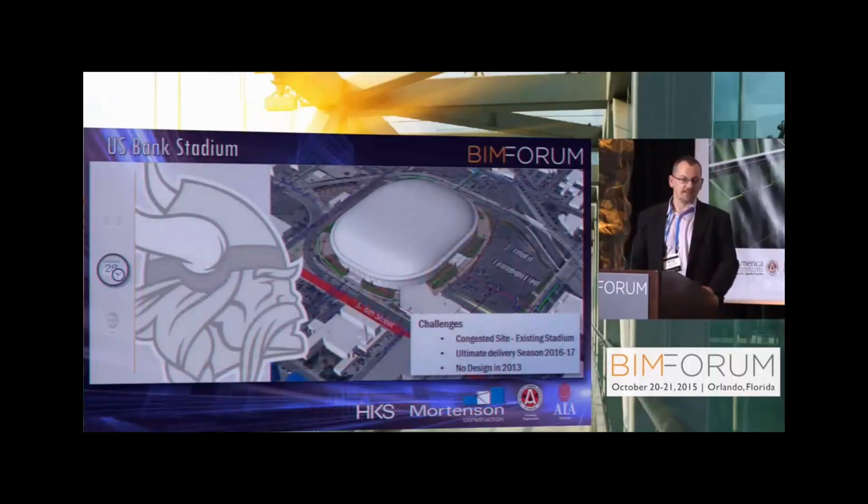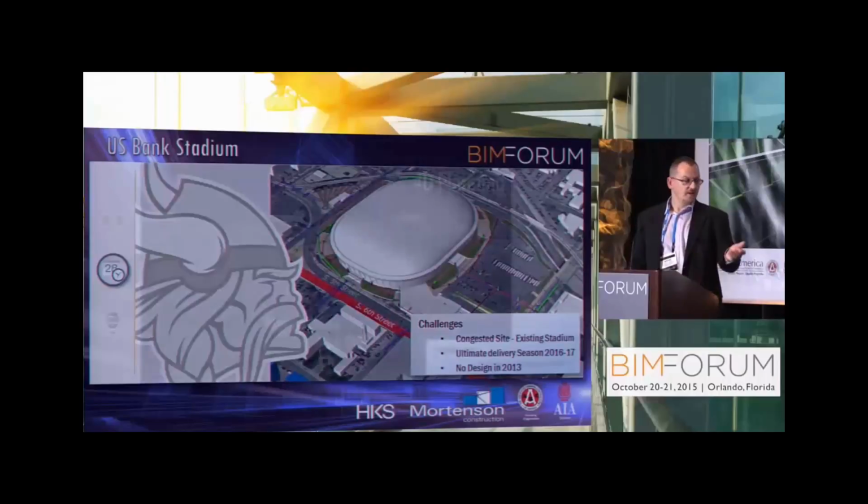Second optimized plan. Here's another example from the US Bank Stadium. It was quite challenging because we had the existing stadium on the same site, and we had the ultimate delivery of the 2016-2017 season, and there was basically no design in 2013.